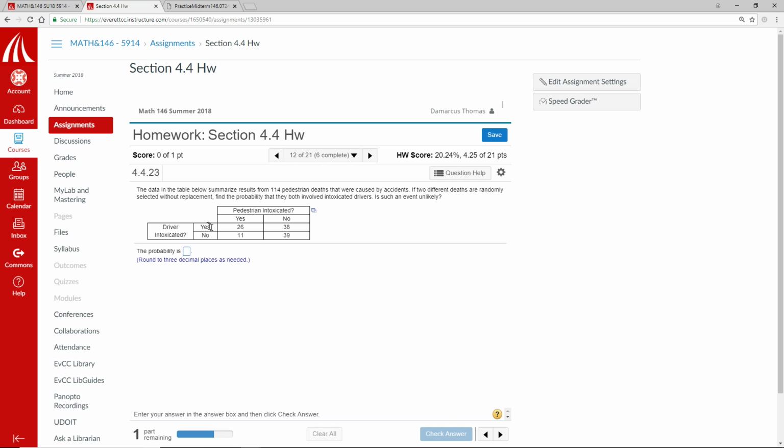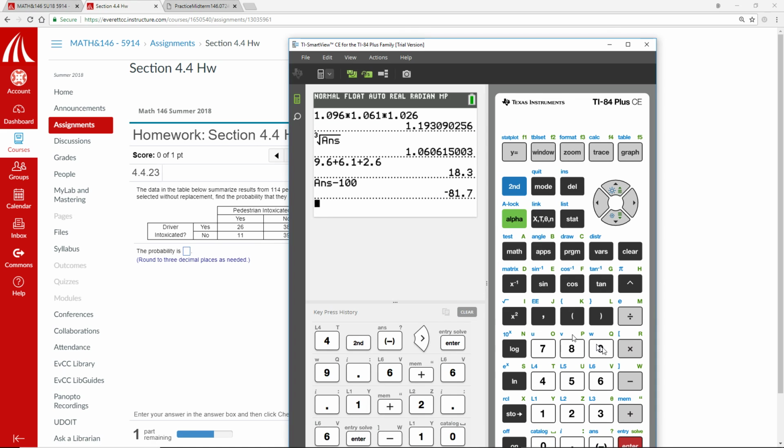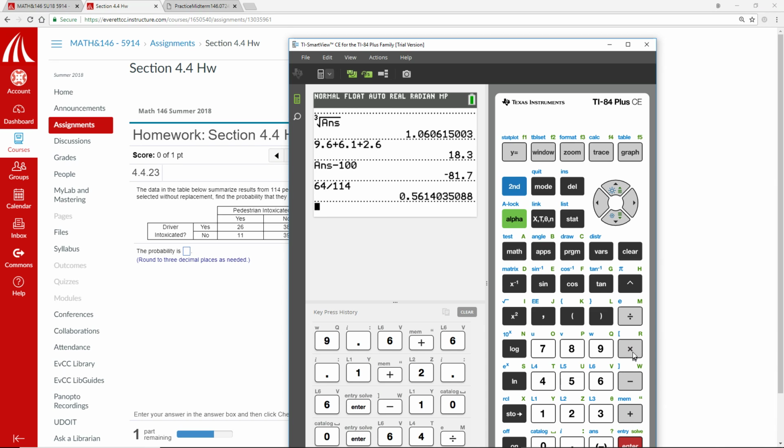Well, for intoxicated drivers, we'd have to take the sum of this over 114 for the probability of the first one. So 26 and 38 is 64. So we'll do 64 over 114 times 63 over 113.